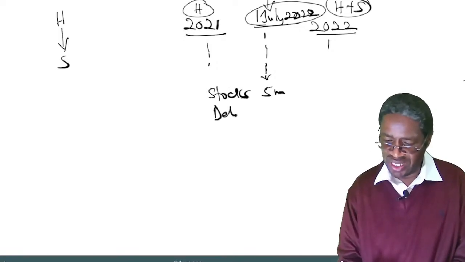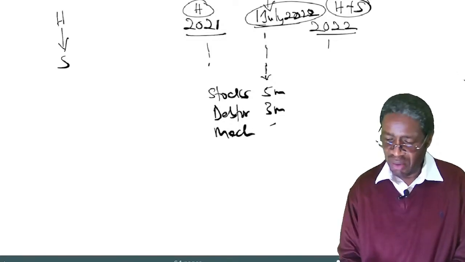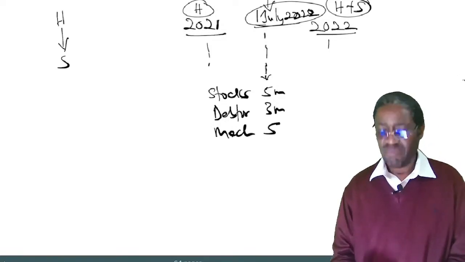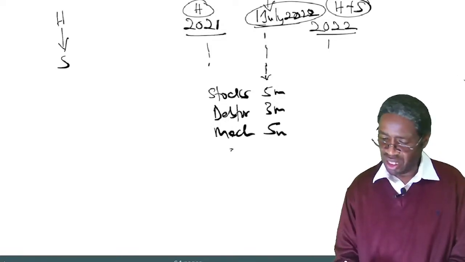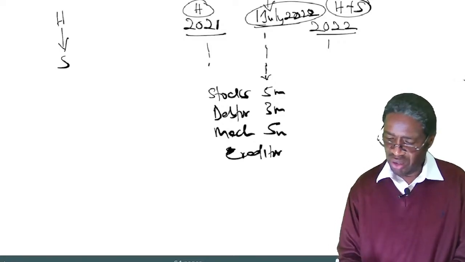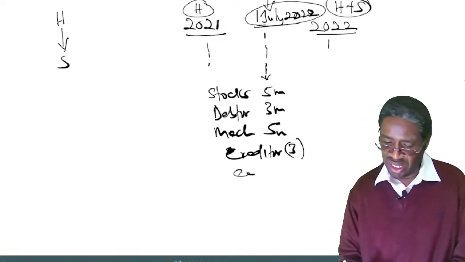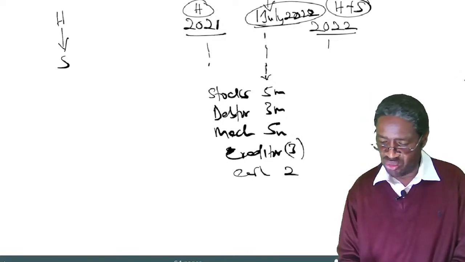The subsidiary had debtors amounting to 3 million. Maybe they had machinery amounting to 5 million. Maybe they had creditors amounting to 3 million. Creditors is a liability. We normally put it in bracket. And cash, maybe another 2 million.